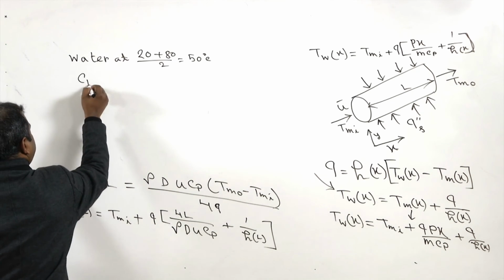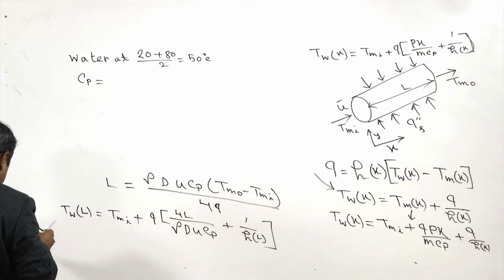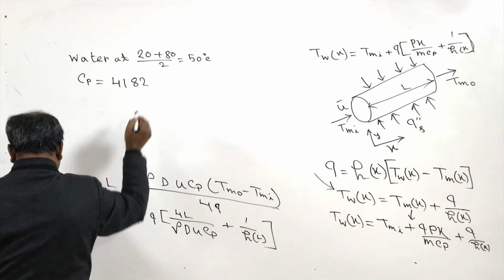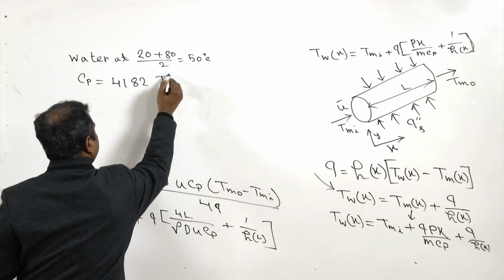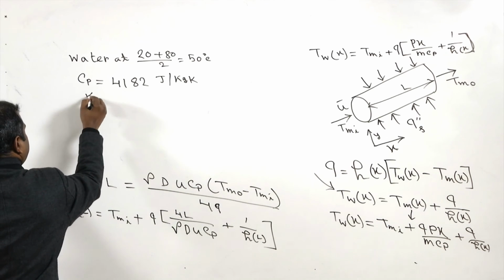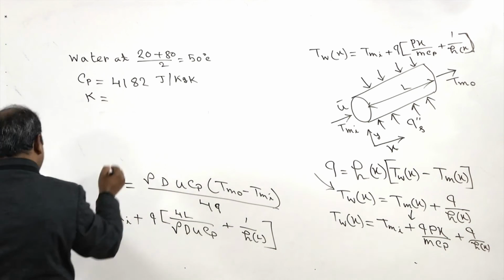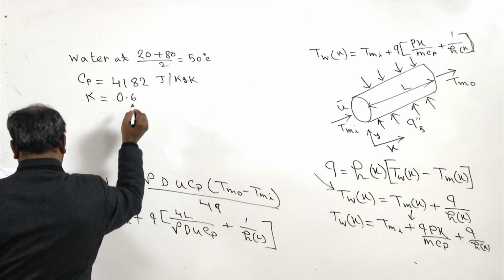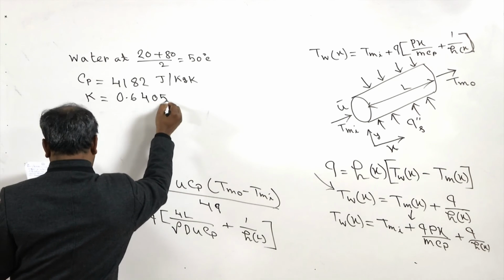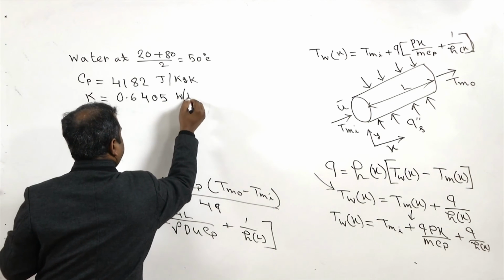First let me see Cp, because that will be important. Cp will be 4182 joule per kg Kelvin, which you can find from any steam table. Then we have K, thermal conductivity, also from the steam table: 0.6405 watt per meter Kelvin.